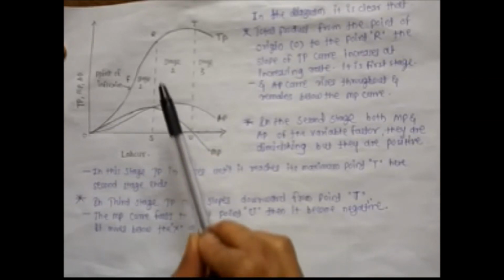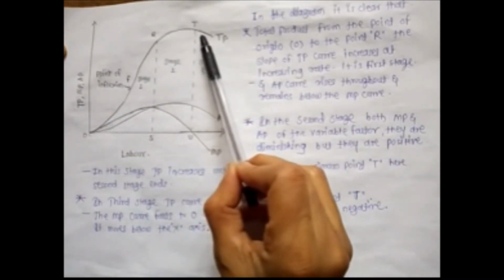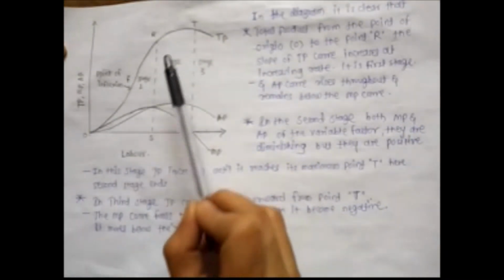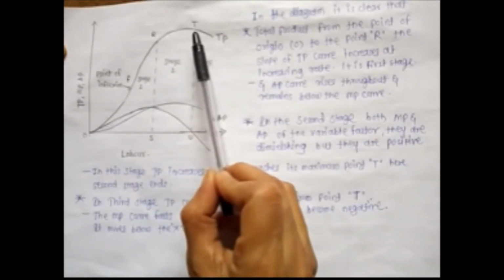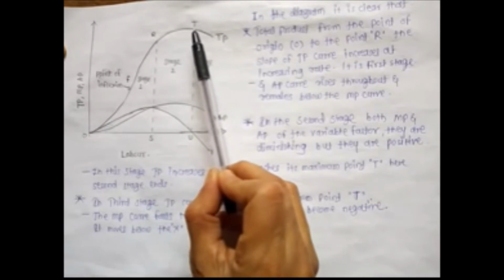In this stage, the total product curve increases until it reaches the maximum point T. Here this is the second stage and the second stage ends.